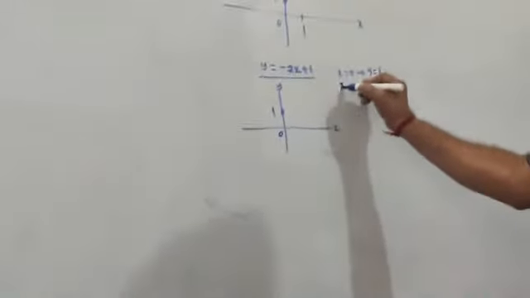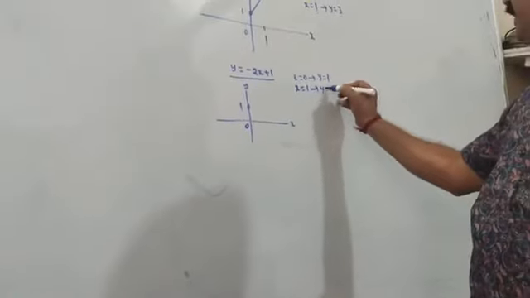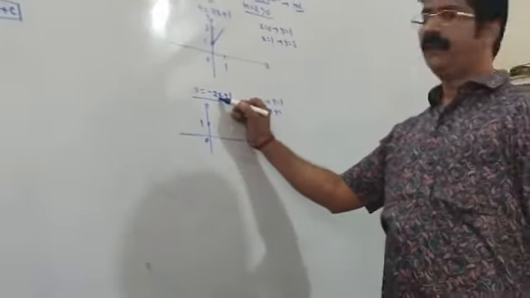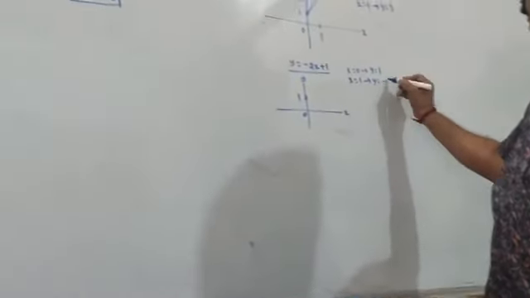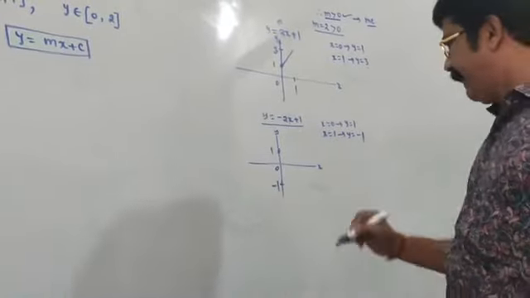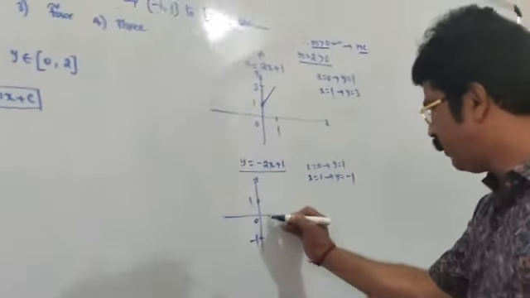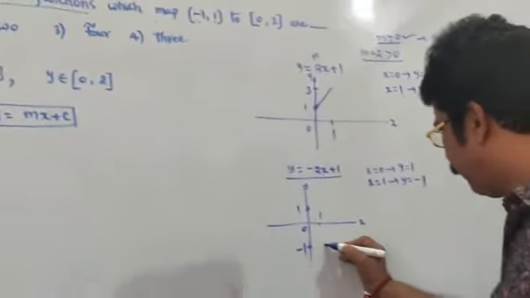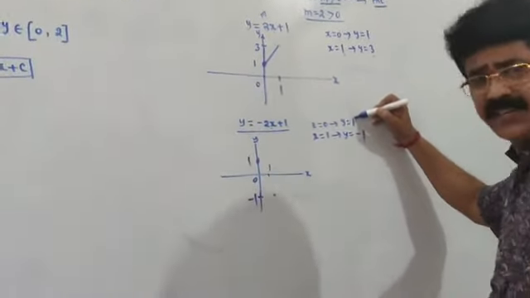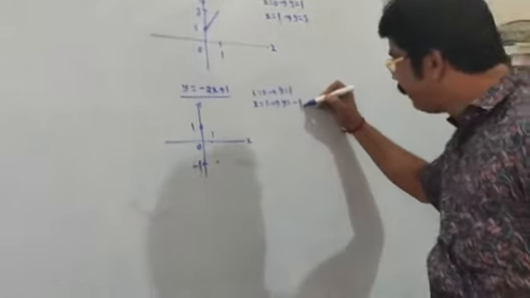Next, if x = 1, then y = -2 into 1, -2 + 1, so y = -1. So for x = 1, the y value is -1, which means it has decreased.